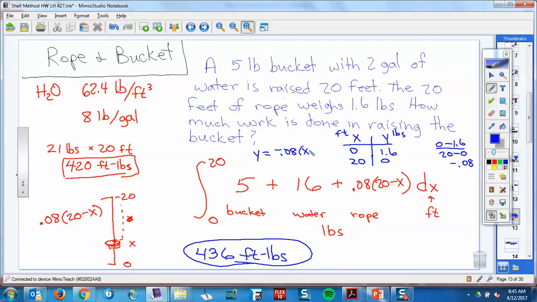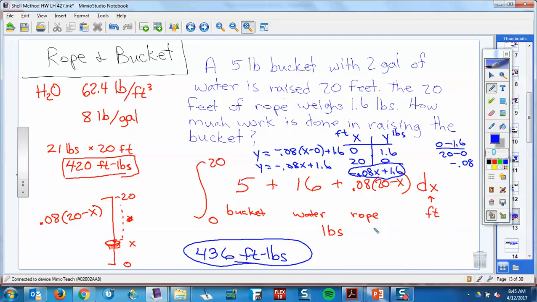Then you just pick one of these points, and I would pick the y-intercept one, that's an easier one. So look what we get: y equals negative 0.08x plus 1.6. You could put that right here.